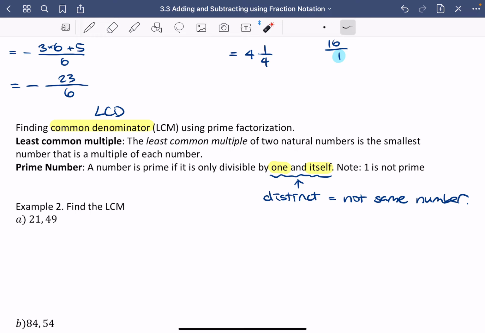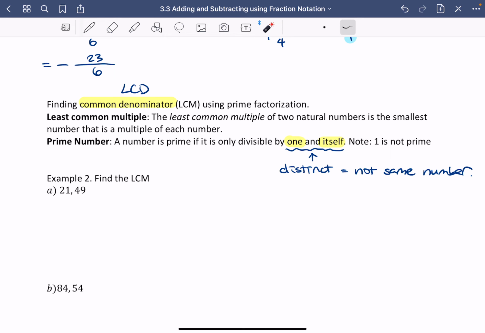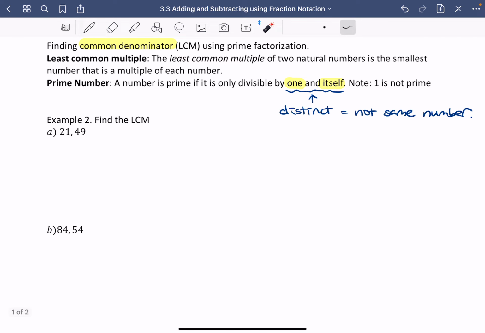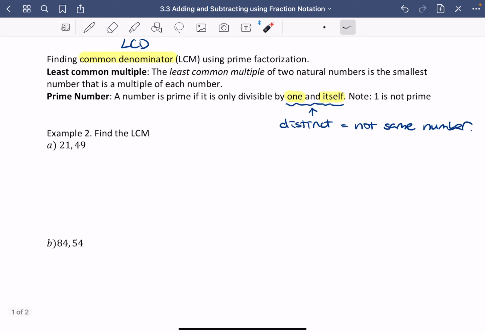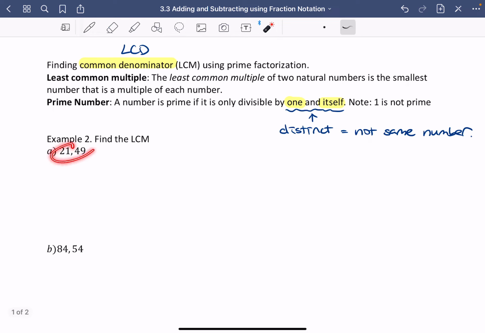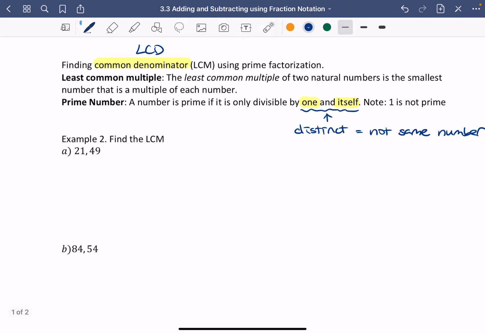There are multiple ways to find the LCM. By definition, we know the LCM between two numbers is the smallest number that each number goes into, or the smallest multiple that each number goes into. So using that definition, we can find the multiples of each of them and then see which one is in common.